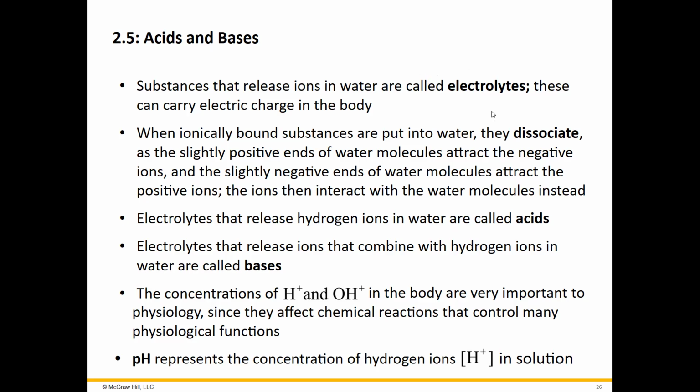Those ions are called electrolytes or salts. When that reaction happens, if it creates more hydrogen, H+, in the water solution, it is an acid. If it creates more OH negative in the water, it is a base. And the ratio of H+ to OH negative is how we calculate our pH.